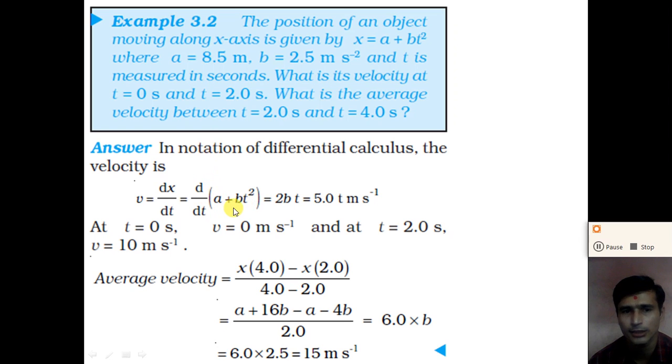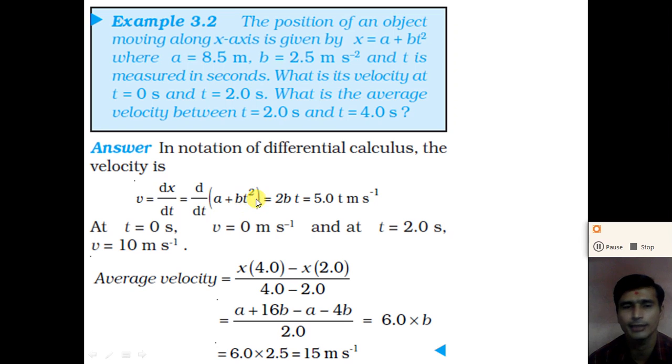So the differentiation is d by dt of a plus bt square. For the differentiation, see lecture number 5 of chapter number 0. Here a is a constant. The differentiation of a constant is 0, so we need not write it. Here b is a constant and the differentiation of t square is 2t.